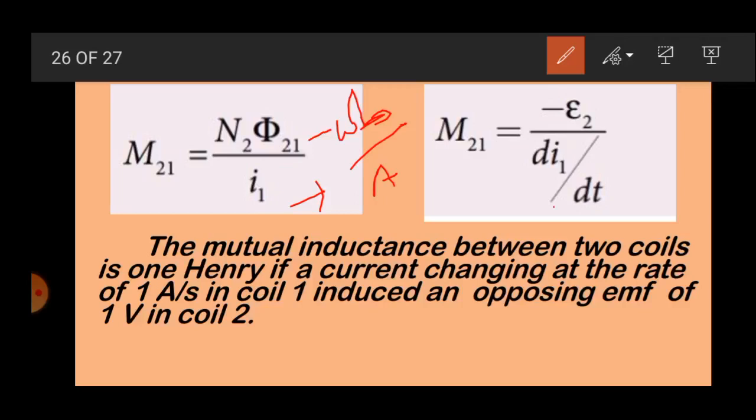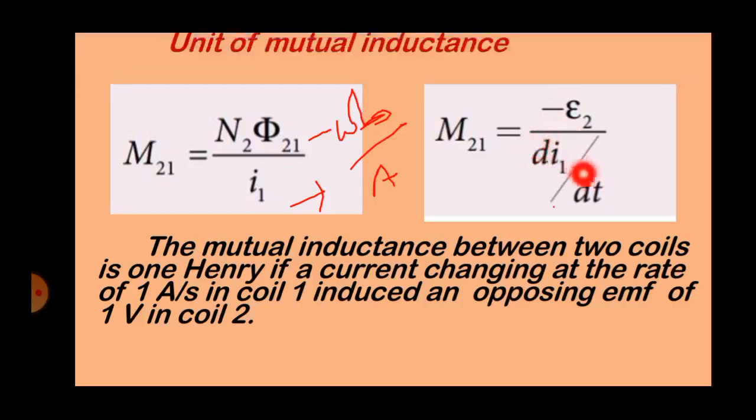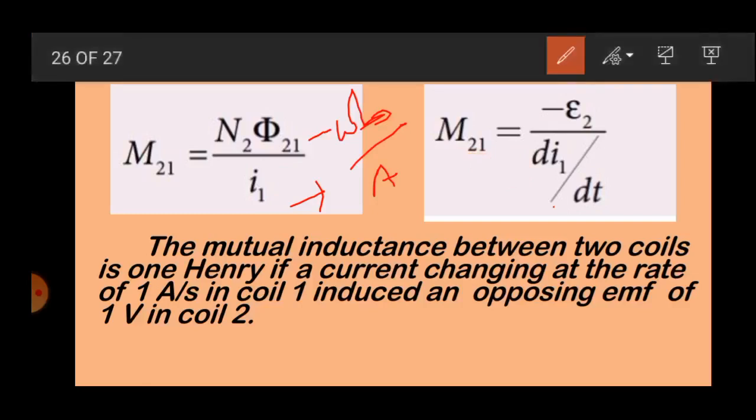Therefore, di1 by dt is 1 ampere per second, and the induced EMF of coil 2 is 1 volt. So the mutual inductance is 1 Henry. Therefore M21 is equal to 1 Henry.